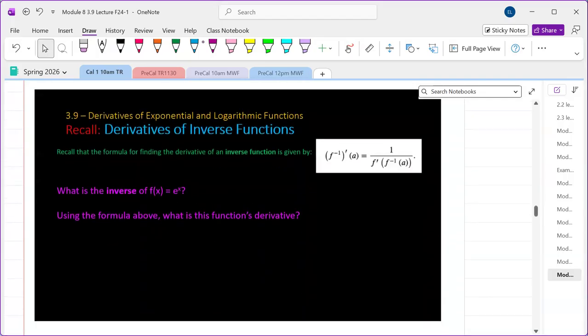All right. Now we're going to shift into thinking about the derivative of the inverse of e to the x. So the inverse of e to the x is natural log x.